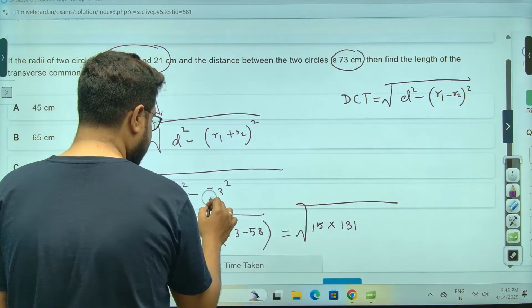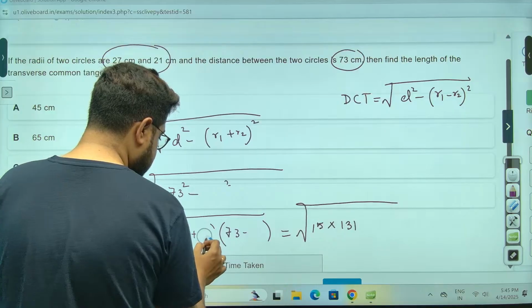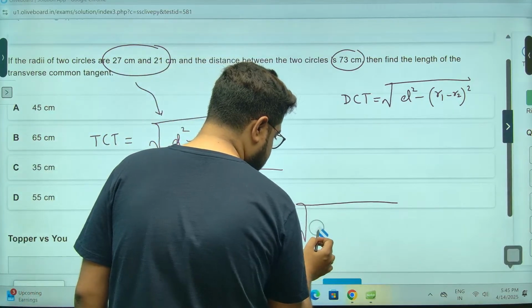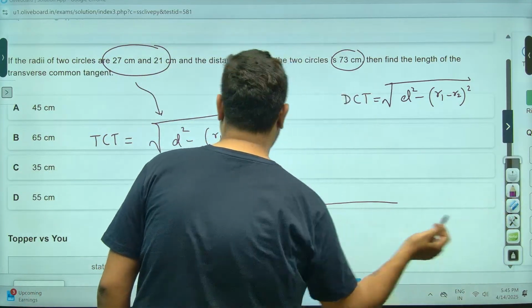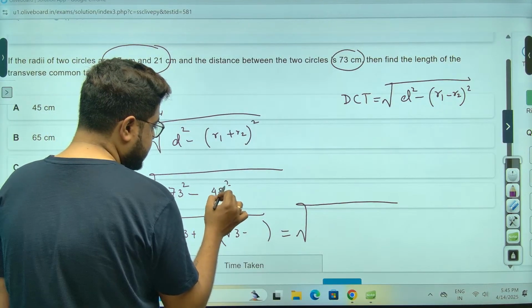What are you doing? Extremely sorry. मेरा दिन ही आज खराब है. This is 48 square.